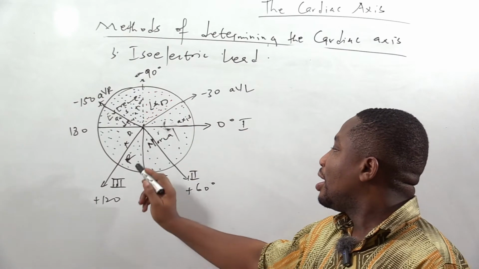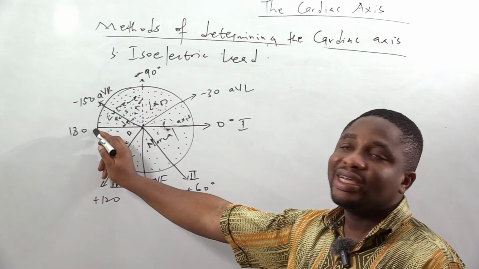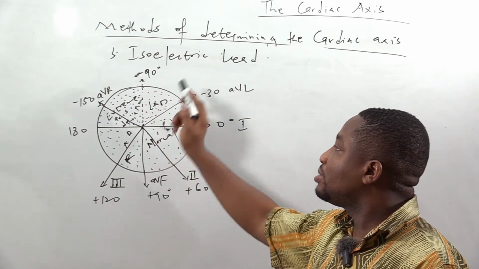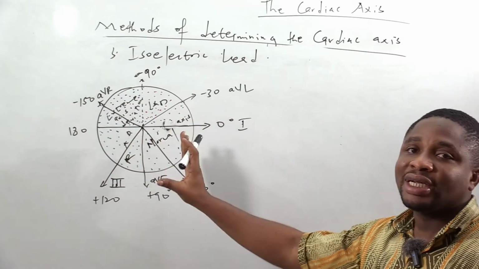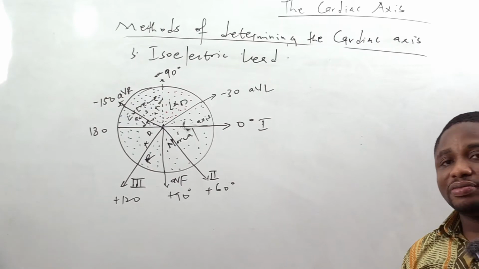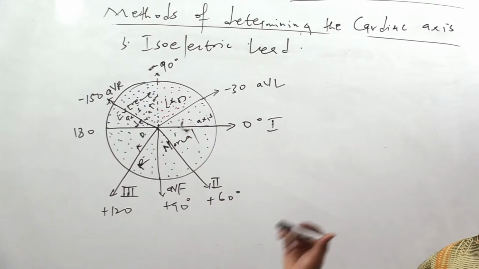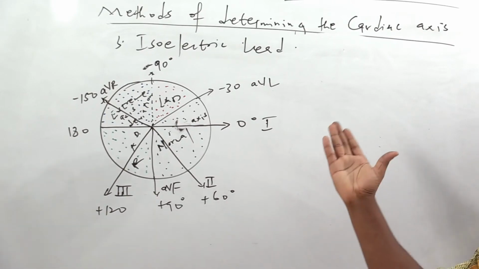Minus 90. Right axis deviation is between plus 90 and what? Plus 180. Extreme axis deviation is between minus 90 and minus 180. Take note of that. Please take a critical look at this very well, because we are going to be using this in our explanation.